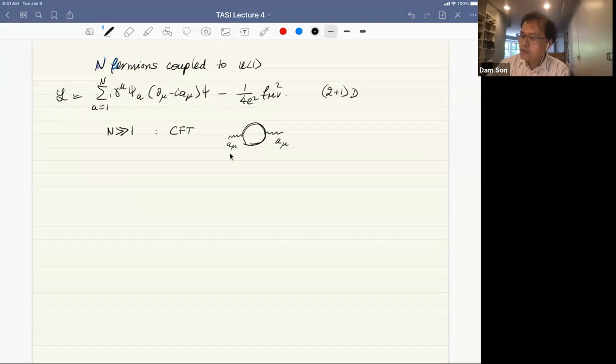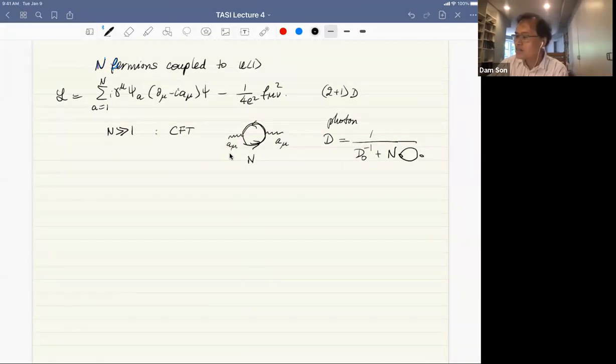The fermion loop introduces a factor of n into the polarization tensor, and so the propagator of the photon is 1 divided by d0 minus 1 plus n times that graph, and that is of order 1 over n when everything is computed.